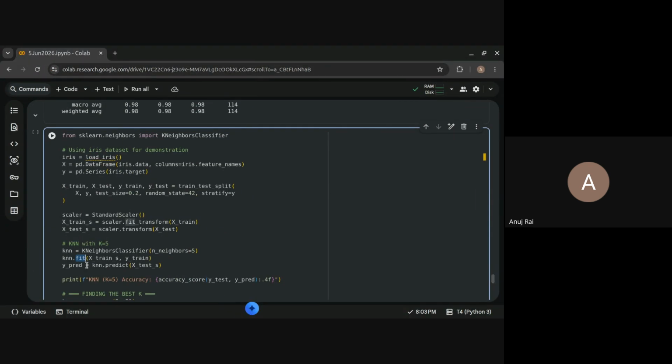Then the fit method and the predict method. To load the iris dataset, we need to import it.